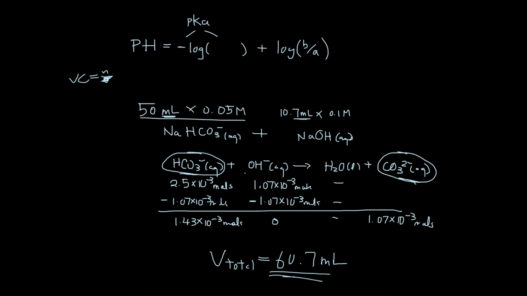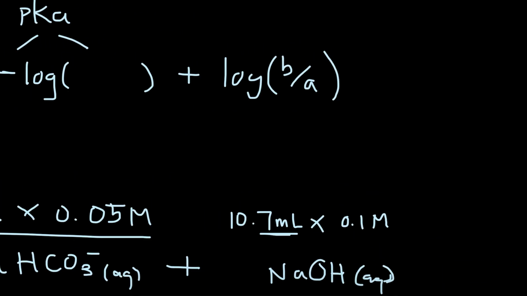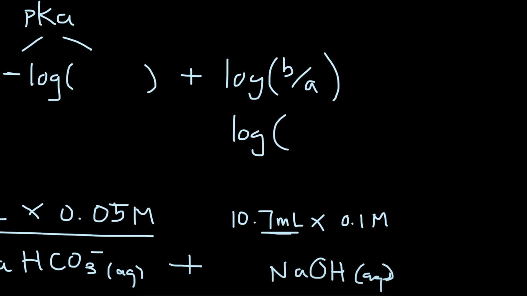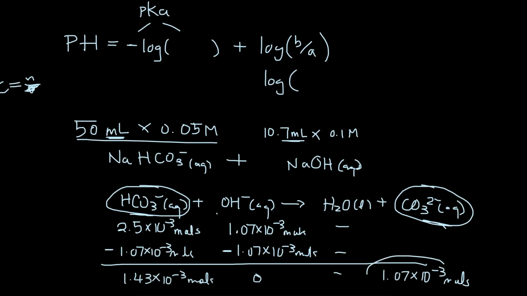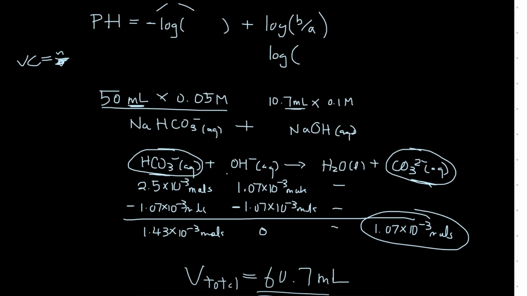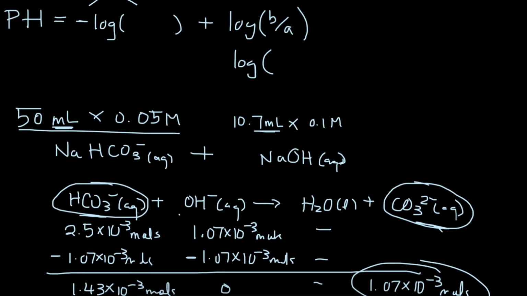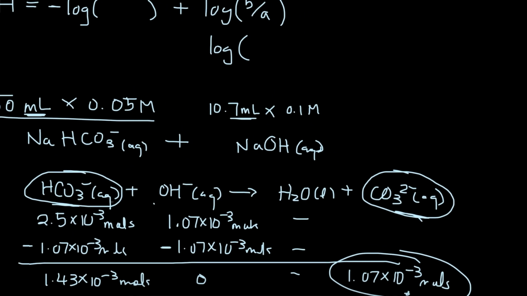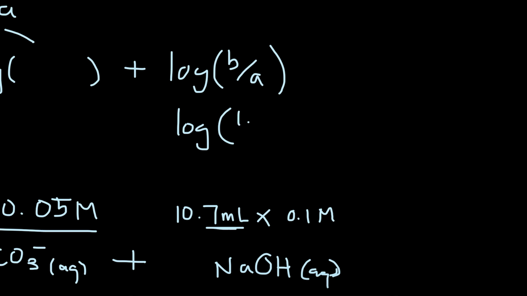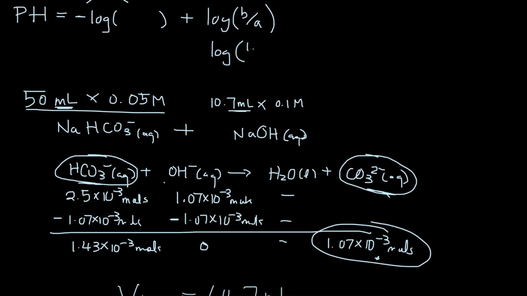So in other words, what I'm going to put here is the concentration of the conjugate base. So it's going to be this mole divided by this mL, but make it into liters, or because we can just leave out the volume in this case because it'll cancel out. But if you wanted to add the volume in, that would be how you do it.